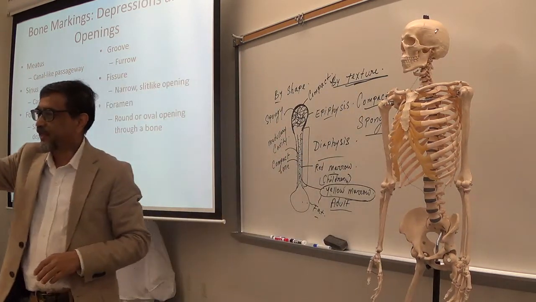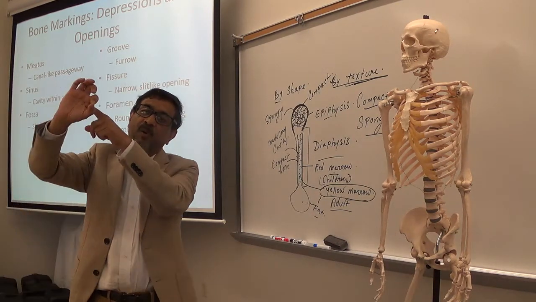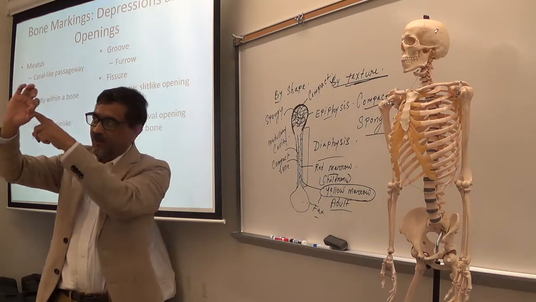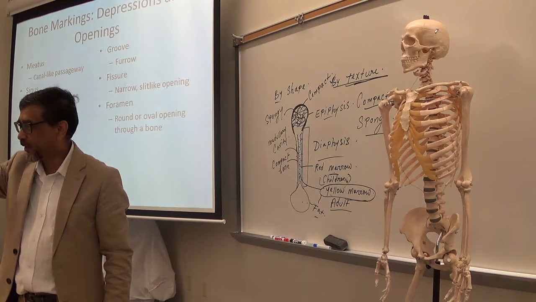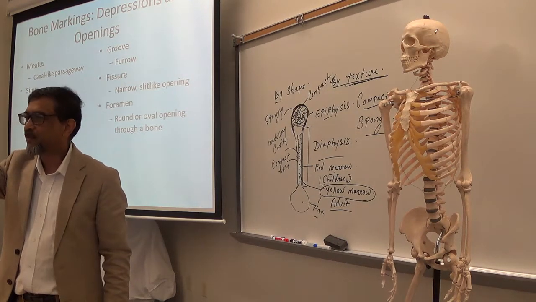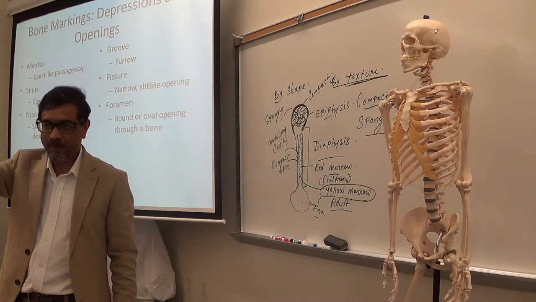Most of the openings in the bone are kind of round. Those are called foramen. So this is a foramen, round or oval in shape, okay? And if it is long, that is called what? Fissure. Is it clear? This is a fissure, this is a foramen.